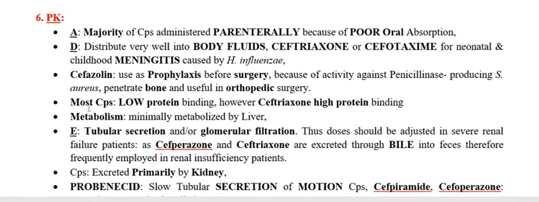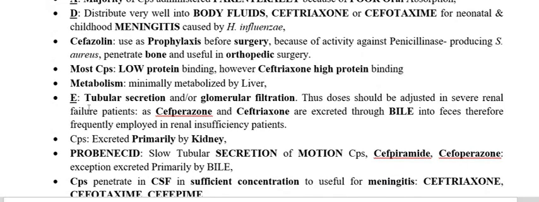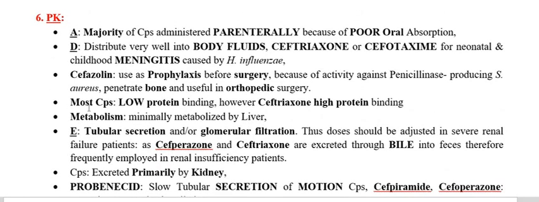Now we have to go through the pharmacokinetic property of the drug. Pharmacokinetic property of cephalosporin means absorption, distribution, metabolism and excretion. Here we are not going to discuss this in a broad way, only a few salient features. First, absorption. The drug possesses poor oral bioavailability.